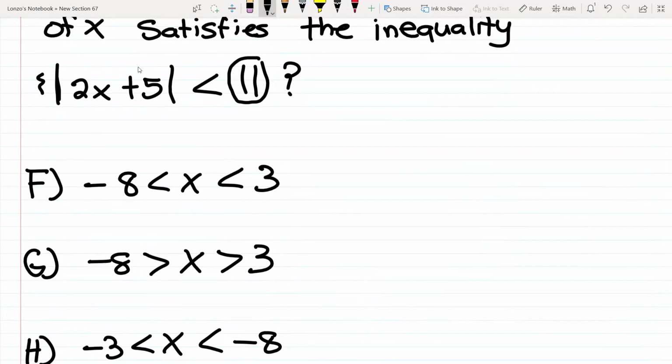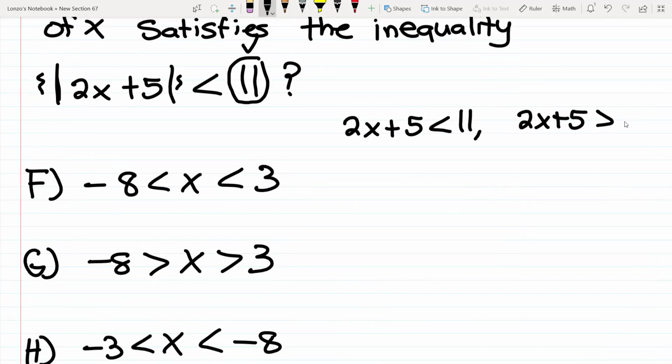So make sure there's nothing near the absolute value and then make sure this is positive. That's true. So you can write out your two inequalities. My first inequality will be 2x plus 5 is less than 11. And then the other inequality is 2x plus 5, and then you got to flip the sign so it's going to be greater than, and then you're going to put a negative.